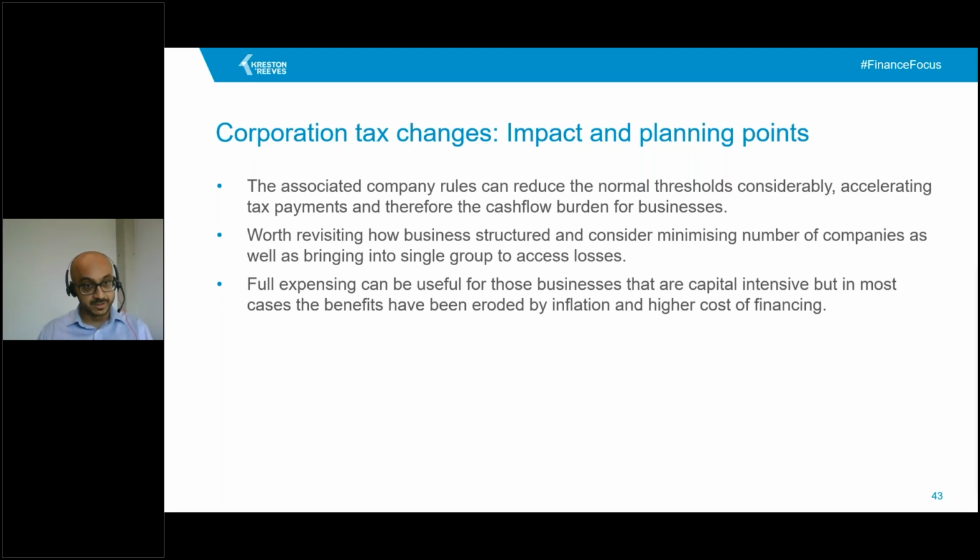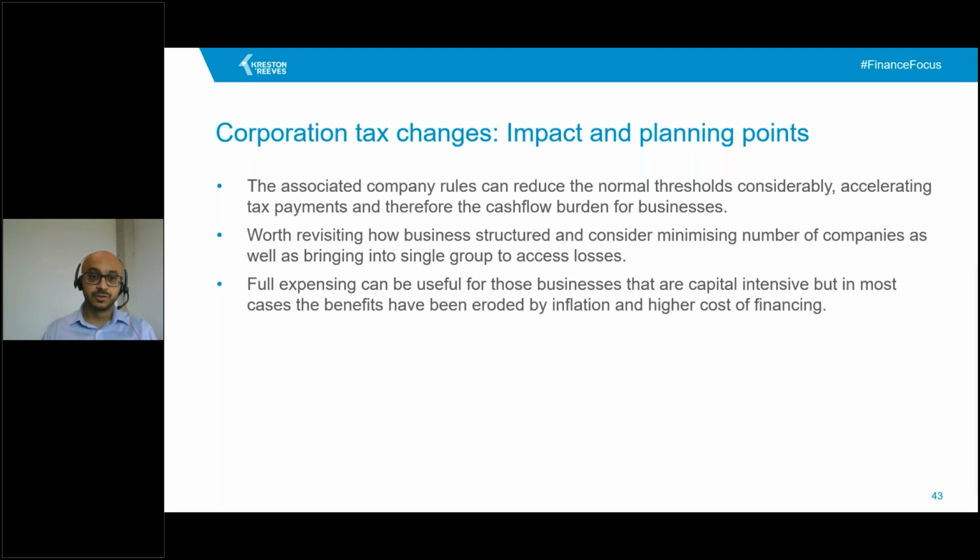reduce overall liabilities. In terms of full expensing, that can be useful for businesses which are capital intensive, but in most cases, a much more significant consideration will be the impact of inflation and higher costs of financing, eroding a lot of the tax benefit and incentive.